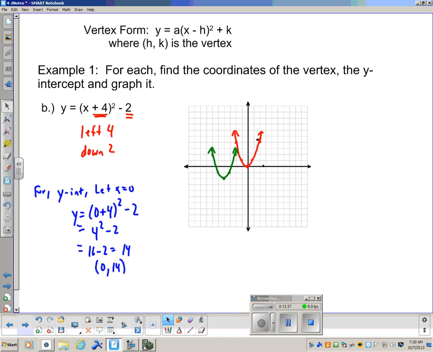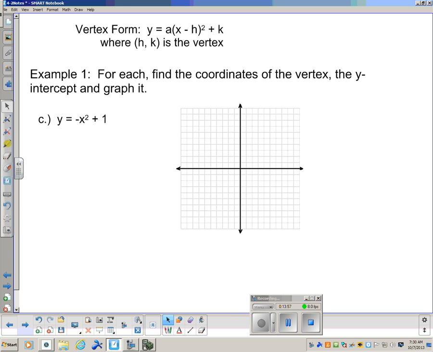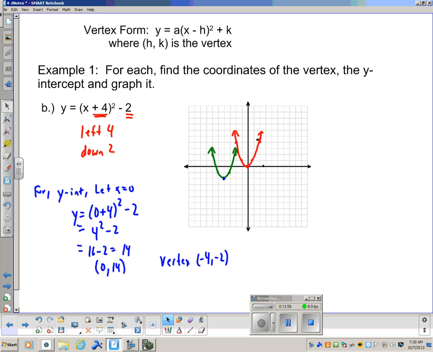And the coordinates for the vertex, let's identify that part. Vertex is this nice point right there. So 1, 2, 3, 4, 1, 2. So what is that? -4, -2. So I'm going to go ahead and stop there.